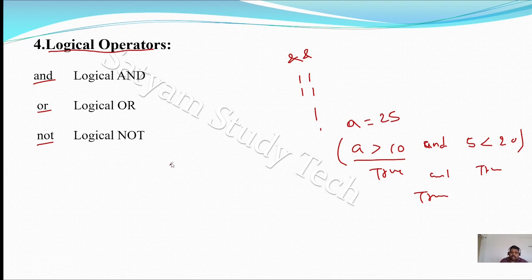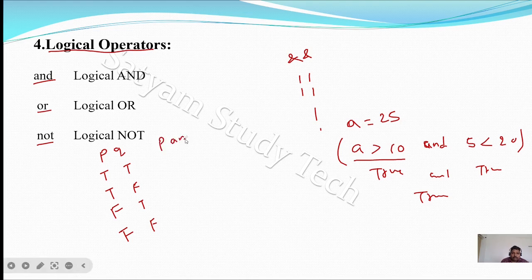Now you can see this in truth tables also. For example, P and Q: I am taking true and true, false and true. Here it is false. You can use P and Q in this case.